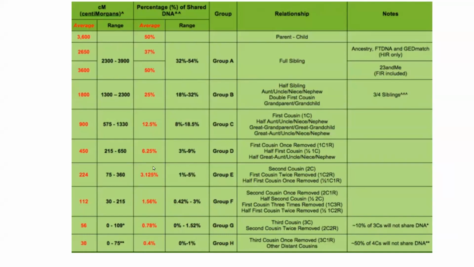Half first cousins give you a number in this 200 to 600 kind of range. So look for a stray person who you can't identify who's in this range, and contact them and just basically say, I'm trying to find links to Tom's last name, and you can put location in.